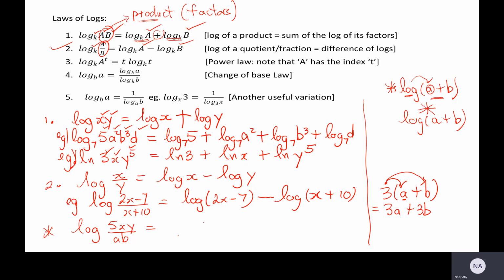Now, first using the numerator and denominator, and using log law 2, I get the log of 5xy, numerator, minus the log of the denominator, AB. But this is a product with 3 factors, and this is a product with 2 factors. So I can now separate that.